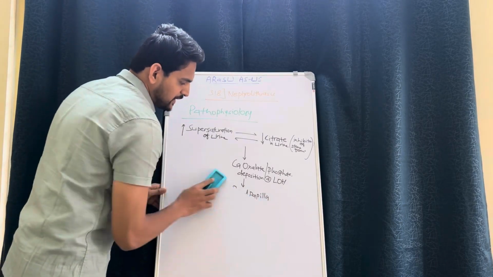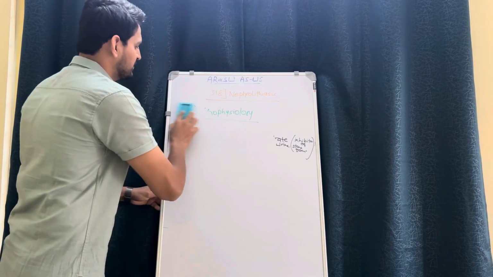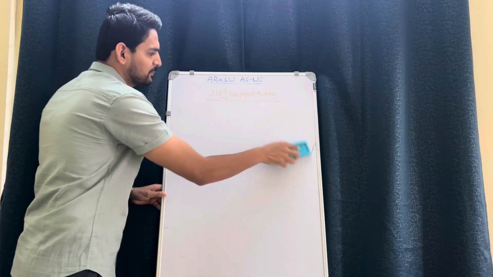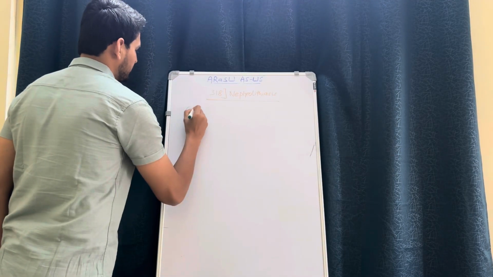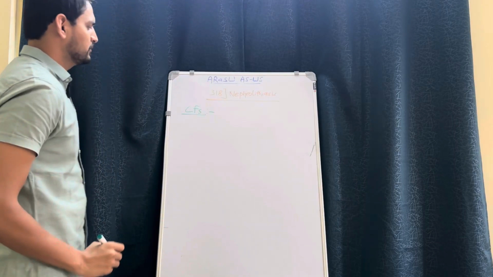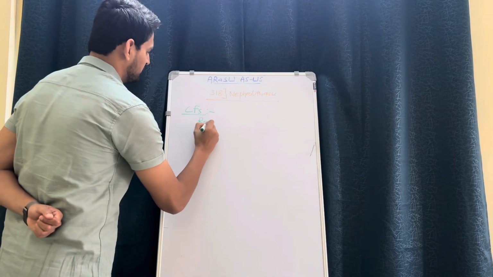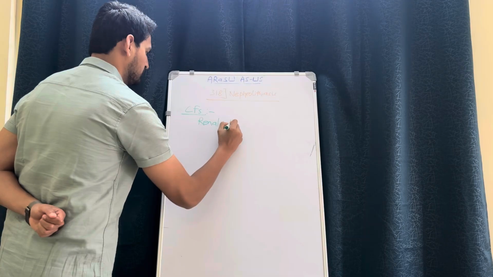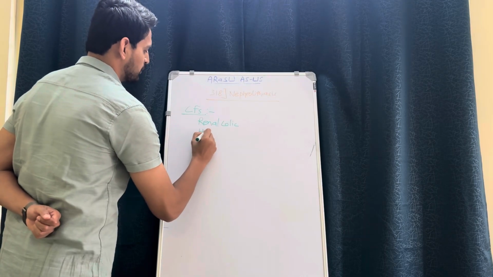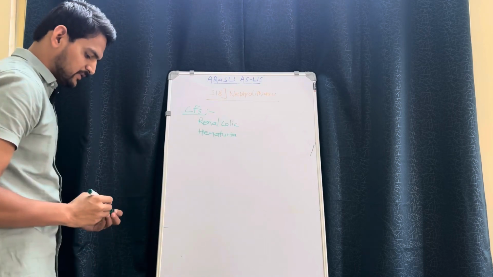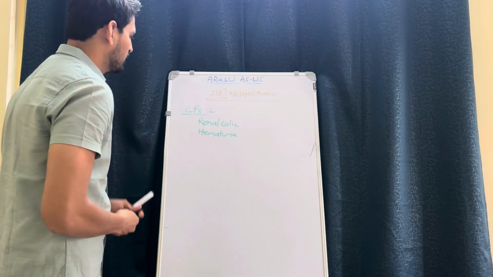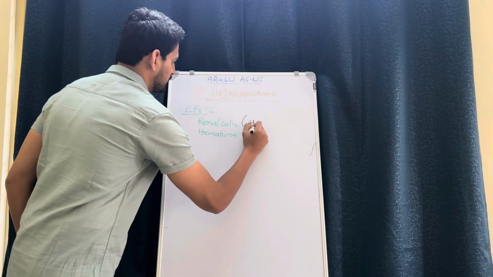So we know that clinical features of nephrolithiasis are mainly 2 things. Individuals will present with renal colic and there might be hematuria. So this will start as flank pain.